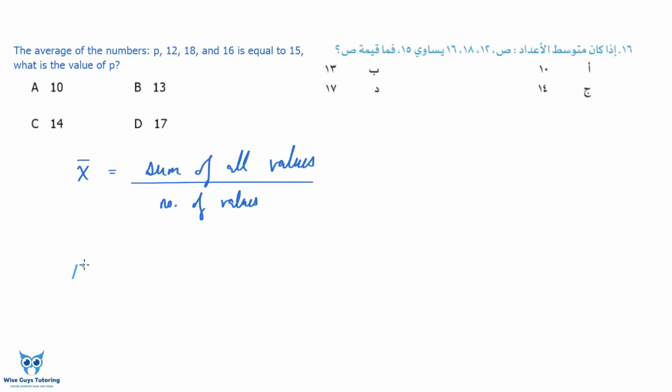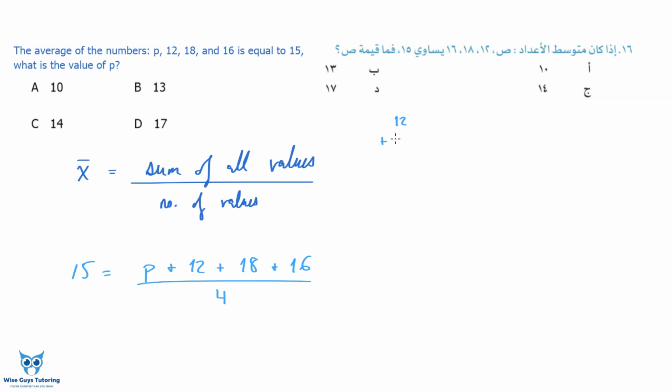So let's see. 15 is equal to the sum of all the values. So you have p plus 12 plus 18 plus 16, and we're supposed to divide this by 4. So let's tidy up the top a little bit here. How can we add all these numbers? We'll do it on the side here.